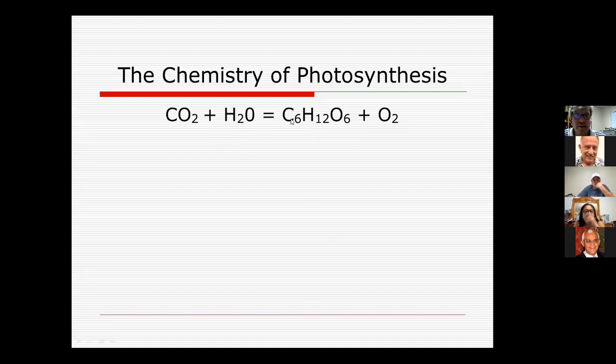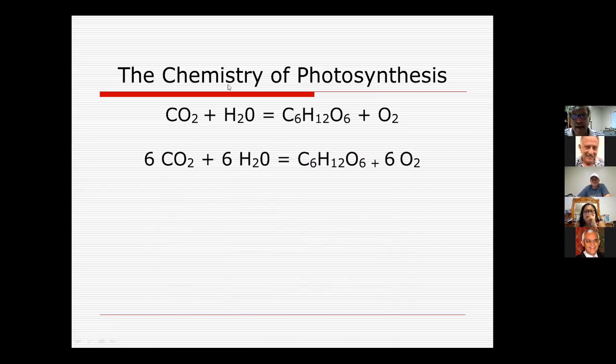Well, if I have to have 6 carbons to make one sugar molecule, where do I get my carbon from? I get it from carbon dioxide. I have to have 6 of them. So that means I have to have 6 carbon dioxides to have enough carbon. And when I do that, I'm going to have 12 oxygens.